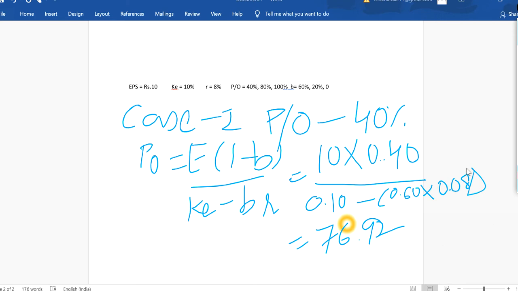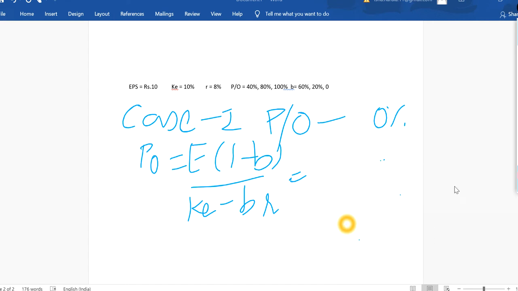Now we are moving forward with case 2. Case 2 says that the payout is 80%. Here earning per share is 10 and payout is 80%, so 10 into 0.8. It means rupees 8 is paid to the shareholder and 2 is retained.